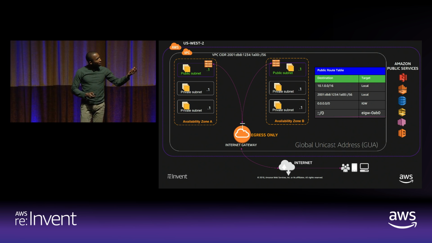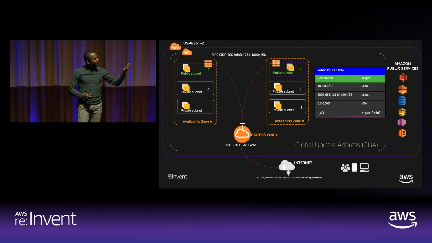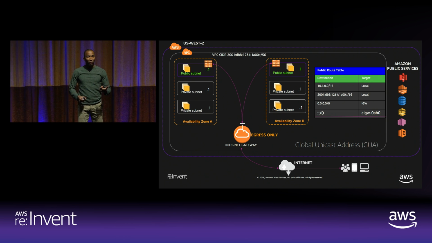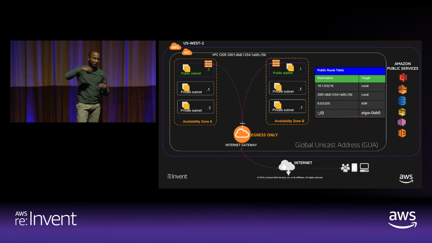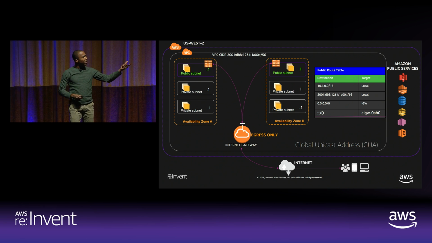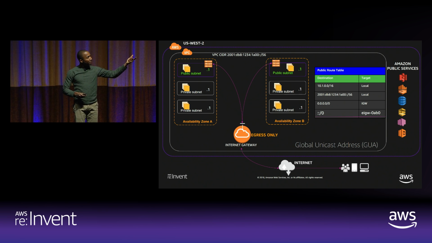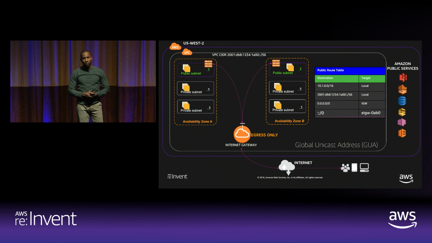Now, if you also look closely, you'll see that access to the internet here goes through two different infrastructures. IPv4 goes through a standard internet gateway, and it's important to know that an internet gateway can handle both IPv6 and IPv4 routes. So if you had no need to block communication from initiation of access from online to your IPv6 space, then you could do away with the egress-only internet gateway here and simply have everything go through your internet gateway.